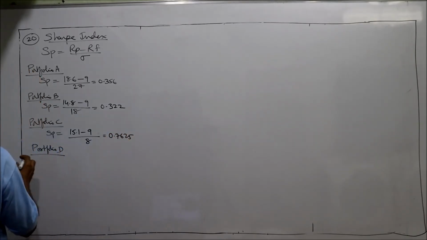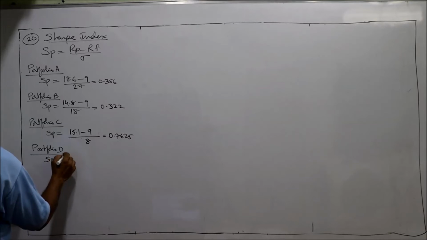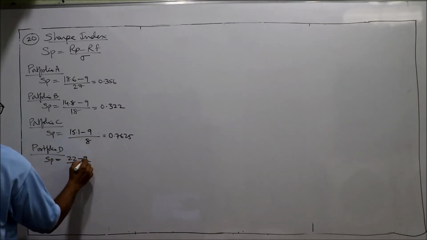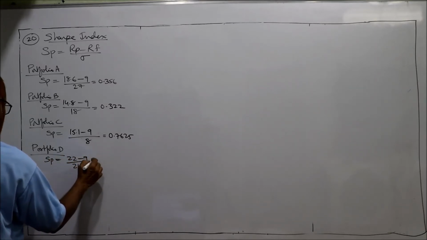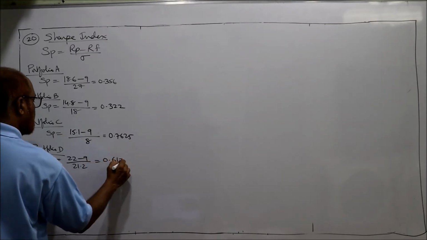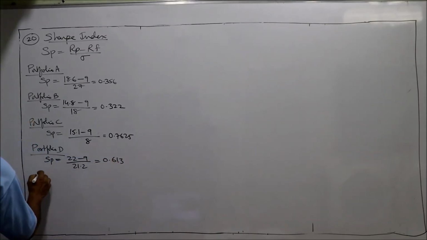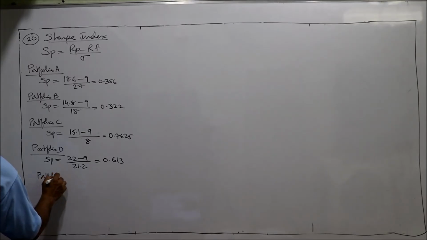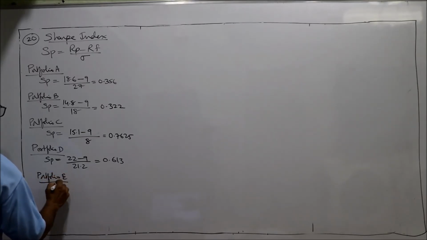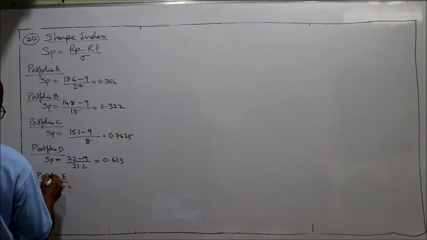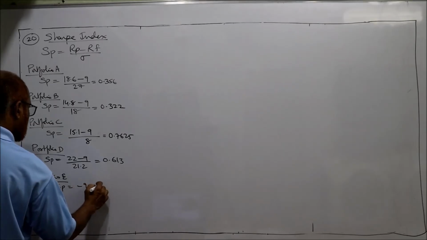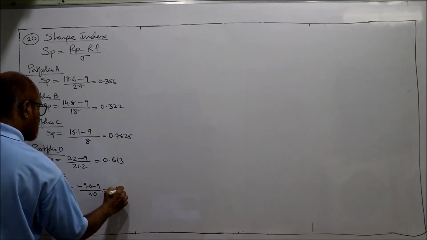Now portfolio D. SP is equal to 22 minus 9 divided by 21.2. 0.613. Portfolio E. 9.0 minus 9 divided by 4.0. Minus 4.5.